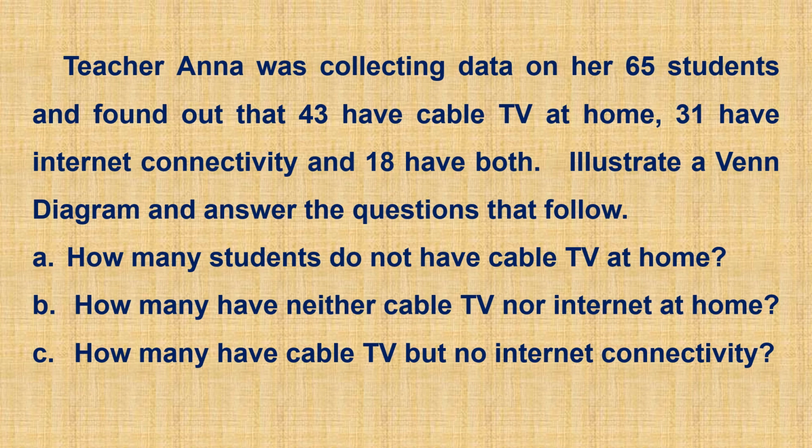Illustrate a Venn diagram and answer the questions that follow. A. How many students do not have cable TV at home? B. How many have neither cable TV nor internet at home? C. How many have cable TV but no internet connectivity? To answer this problem, use the technique inside out.